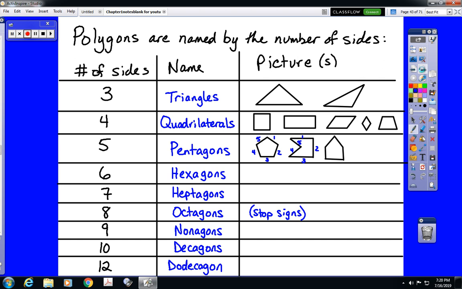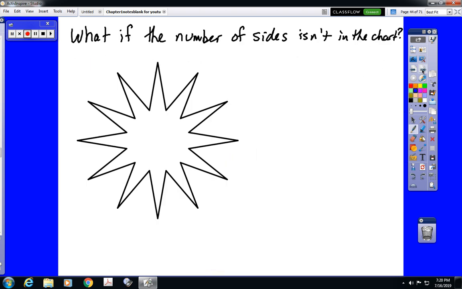Now that brings up an interesting question. What do you do if the number of sides is not listed in the chart? This thing right here in front of you is a polygon. Every single one of its sides is a line segment. There's no vertex where more than 2 sides come together, and it is closed. So what we would do is we would count the sides.